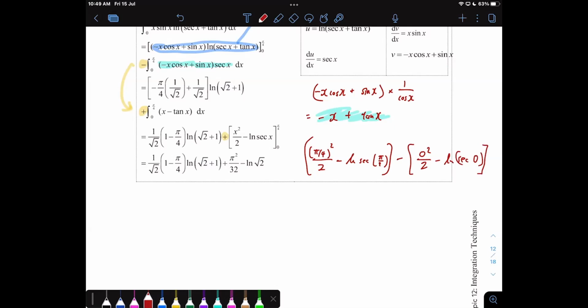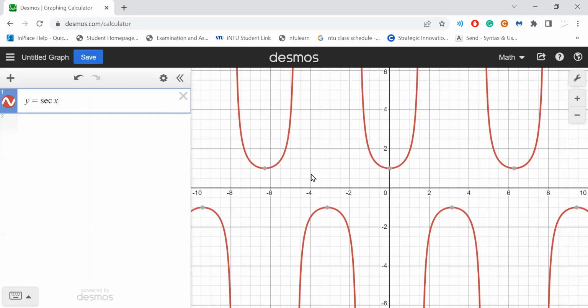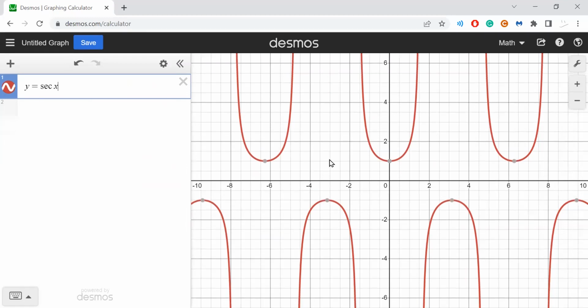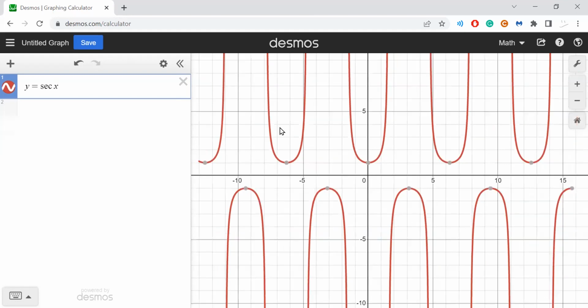Okay, let me show you. Hold on a second. Let me share screen over here. This is secant x. Have you seen it before?